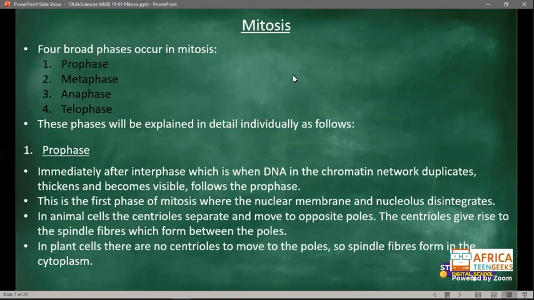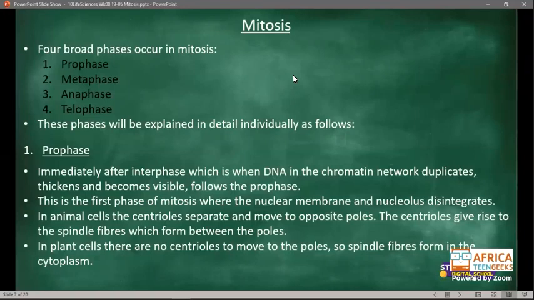So this is the first phase of mitosis where the nuclear membrane and the nucleolus disintegrate. In animal cells, the centrioles separate and move to opposite poles.